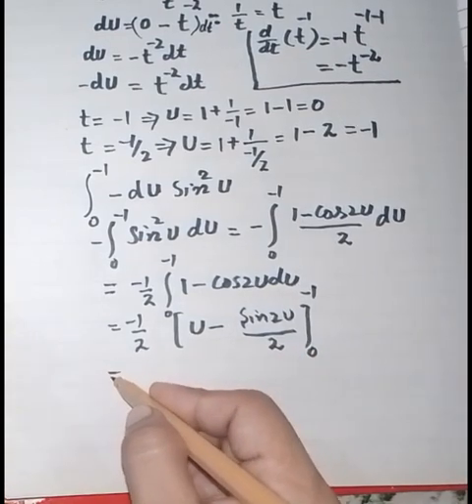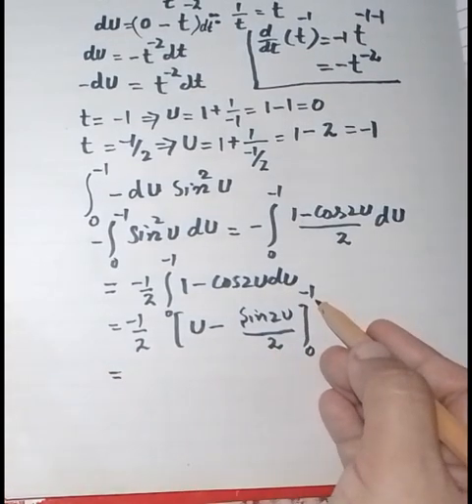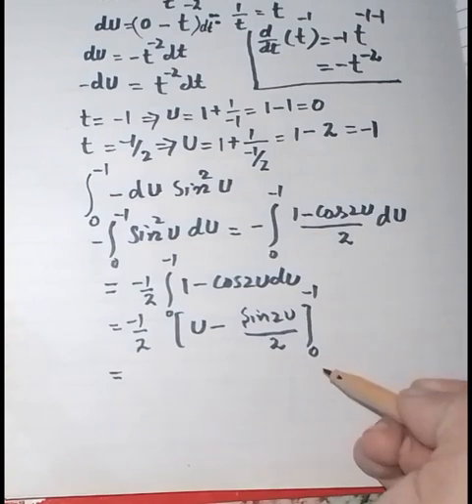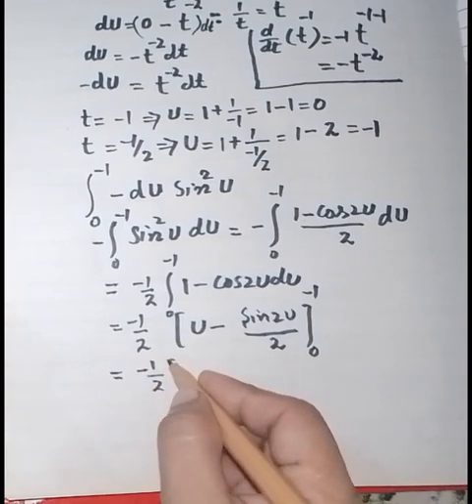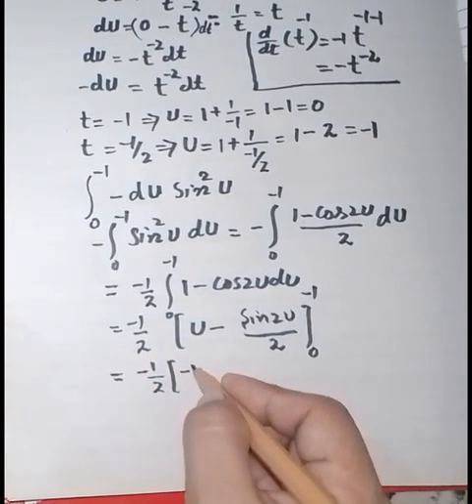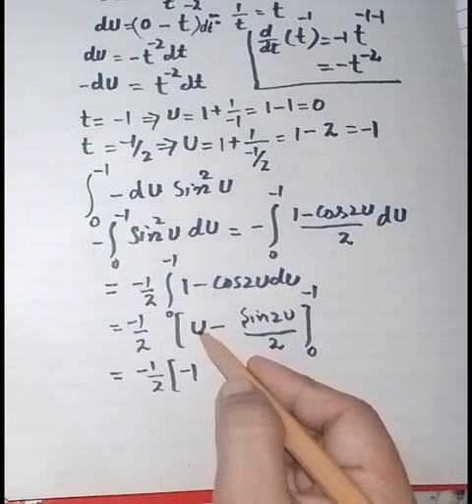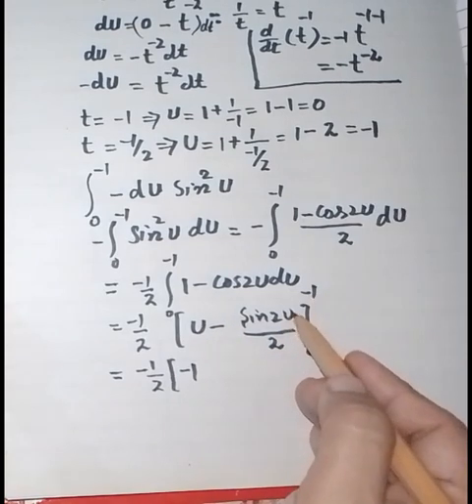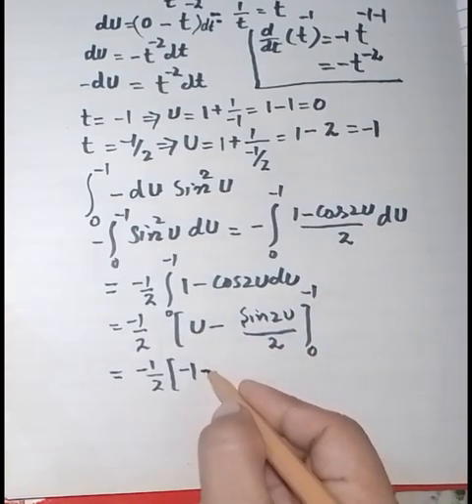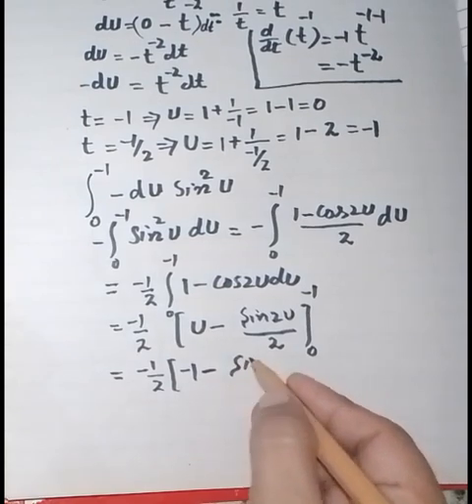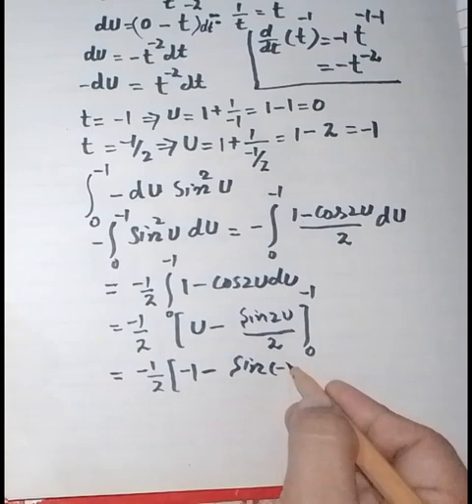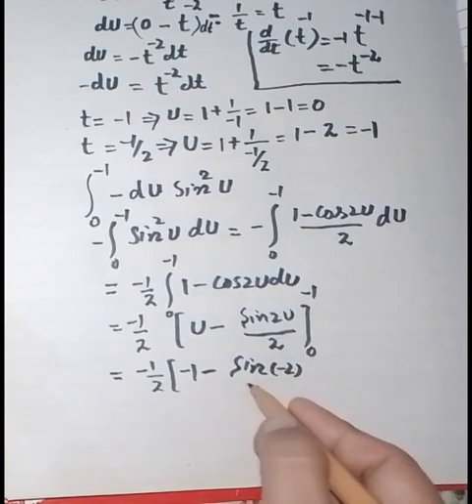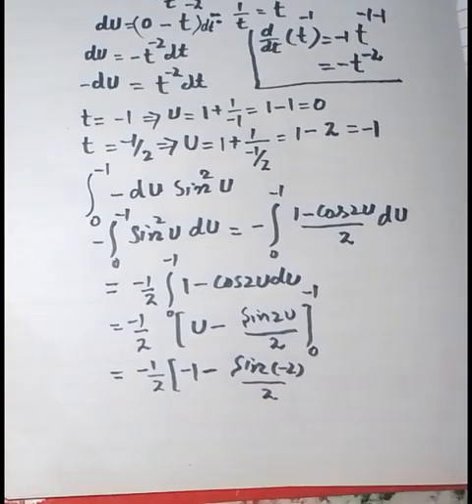Now by taking the upper limit first and then minus the lower limit. So first taking the upper limit, we have minus 1. Here put u equal to minus 1, minus sin 2 into negative 1 will be negative 2 divided by 2.